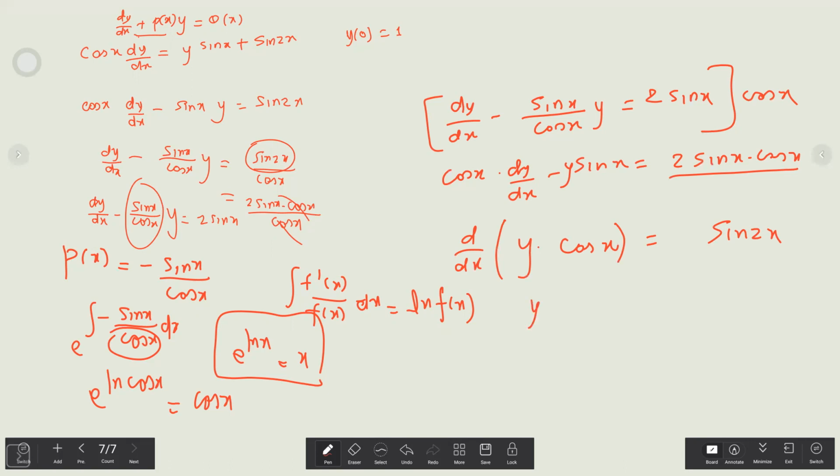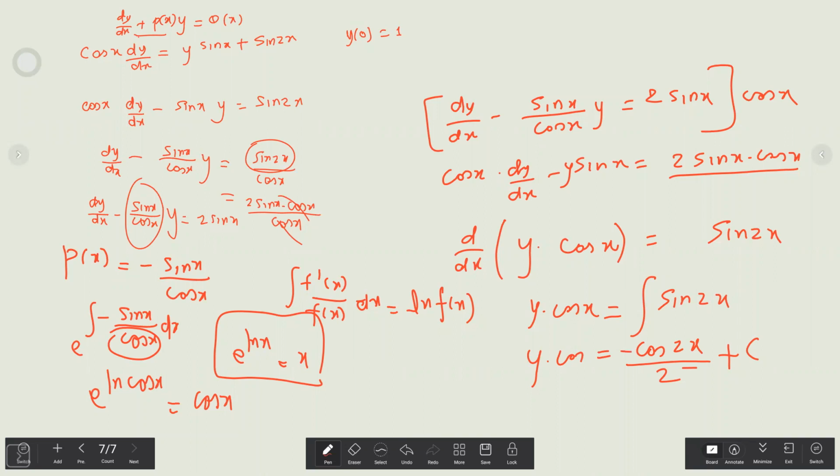So you get y cos x equals the integration of sin 2x. Now if you integrate sin 2x, the integral of sine is negative cos, so negative cos 2x upon 2, plus c. So you get y cos x equals this as your answer.